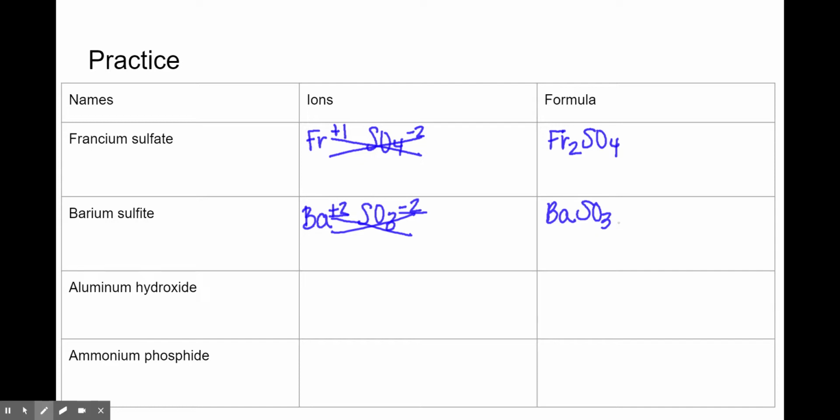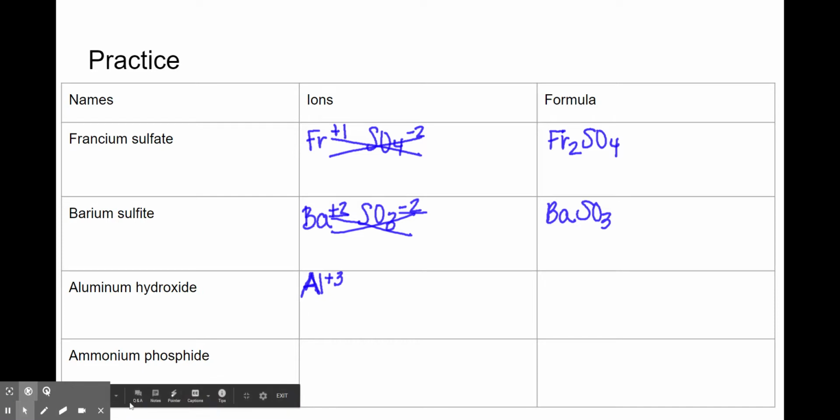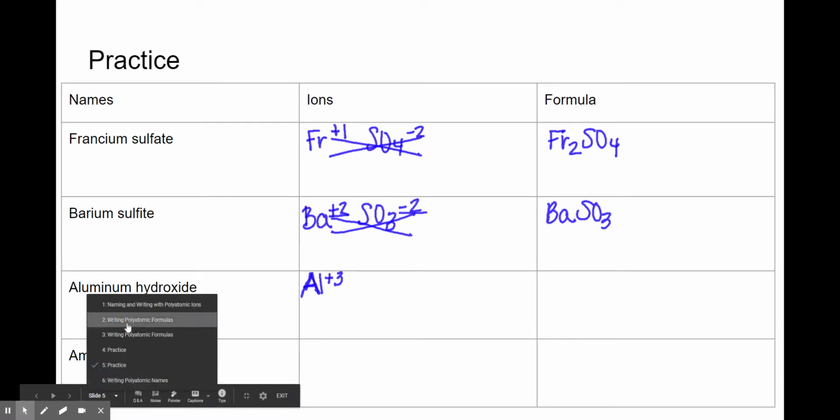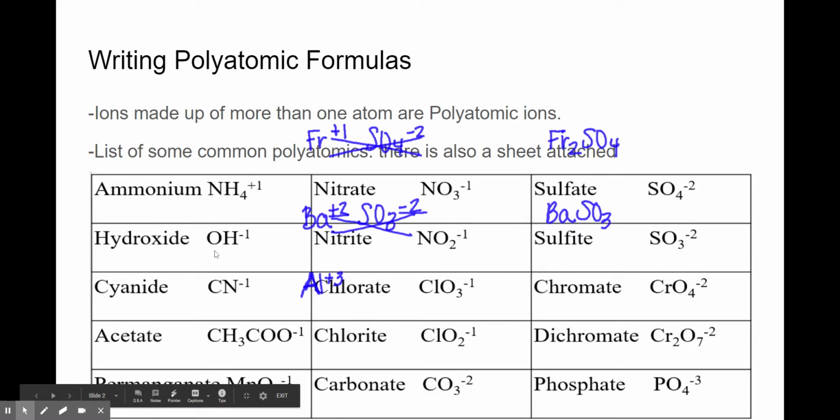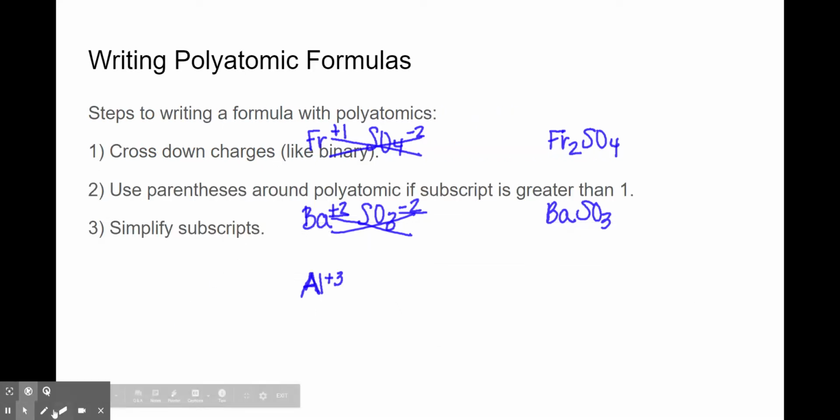Next, we have aluminum hydroxide. Aluminum, we should know, is Al. On the periodic table, it's in group 3A, so its charge is +3. Then I have hydroxide. When I look at my list of polyatomic ions, hydroxide is OH -1.